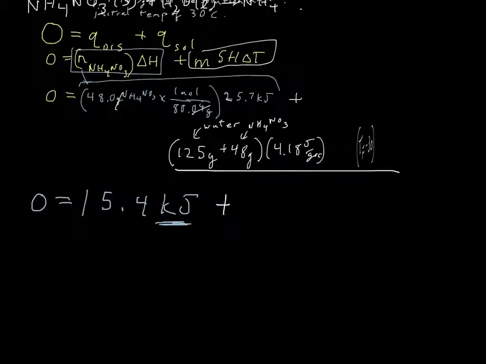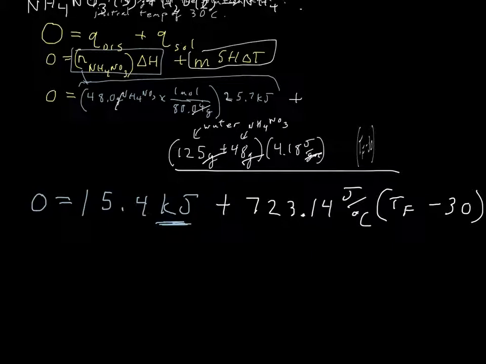I have 125 plus 48 times 4.18 joules per gram. When I do that, I get 723.14 joules per degree Celsius, because my grams have canceled out. And remember, you have to add those two terms before you can multiply by that one. And we haven't been able to do anything with our final temperature yet.